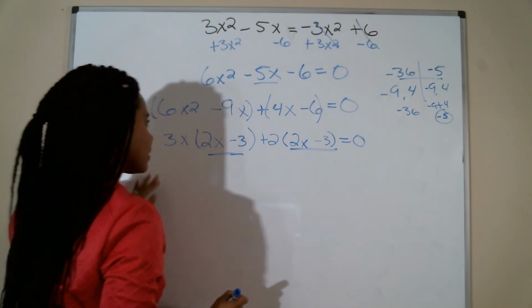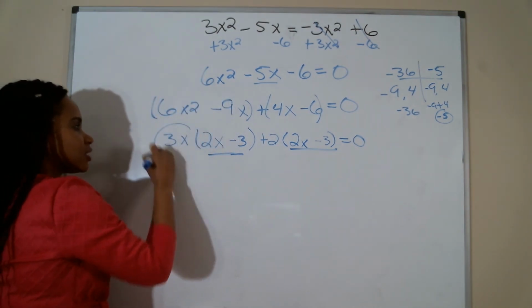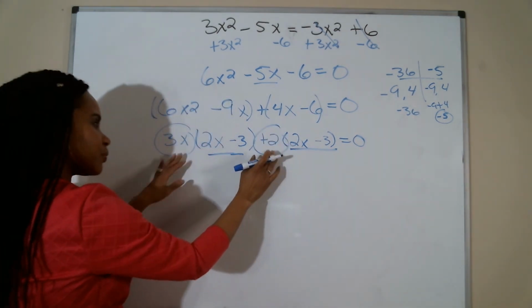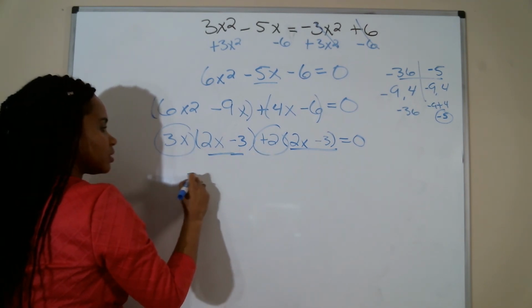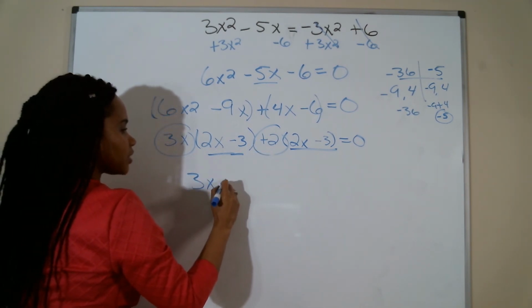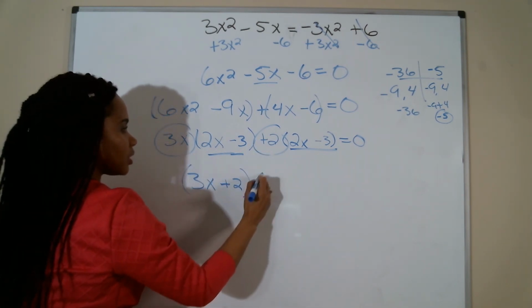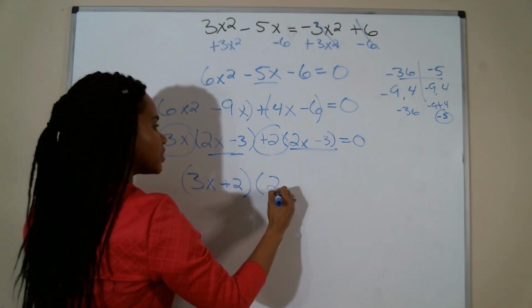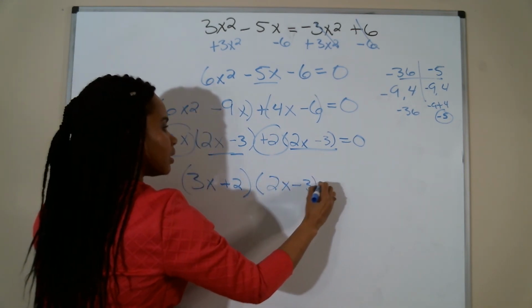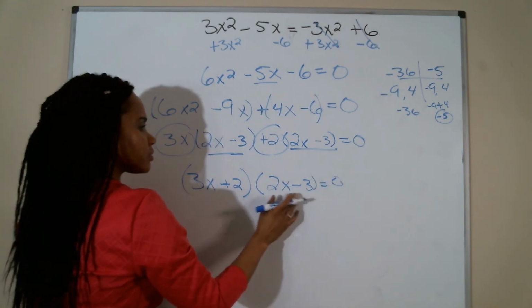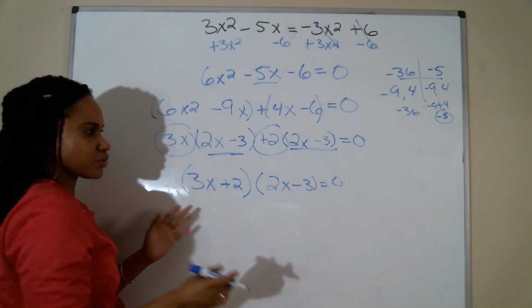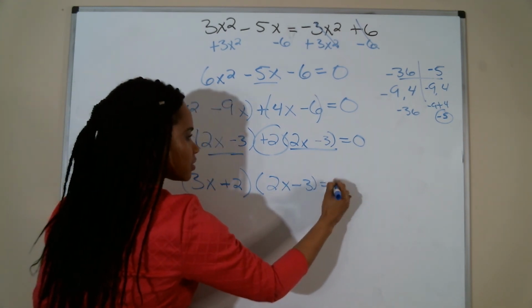Now, next up, bring down my outside terms here: 3x plus 2. And one of my binomials here that are the same. You could also flip it. You could say 2x minus 3 times 3x plus 2. It doesn't matter.